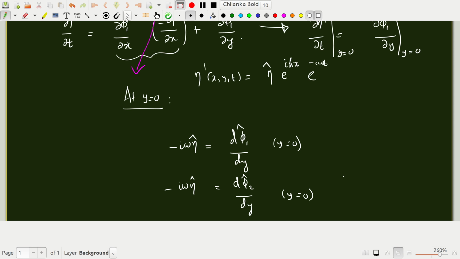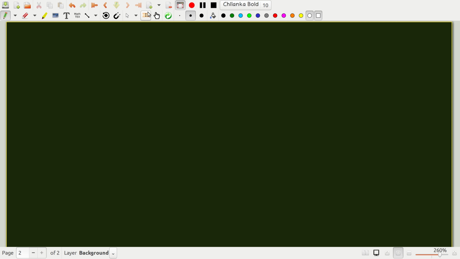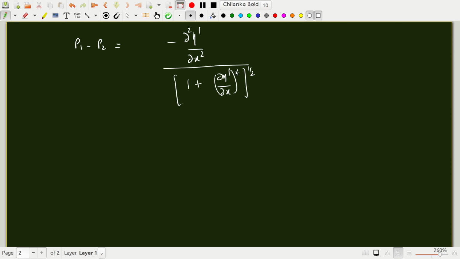Now let's look at the normal stress boundary condition, which is P1 minus P2 is equal to minus partial squared eta prime by partial x squared divided by 1 plus partial eta prime by partial x whole squared to the half. Now remember that P is base state plus perturbation, so we have to write this.